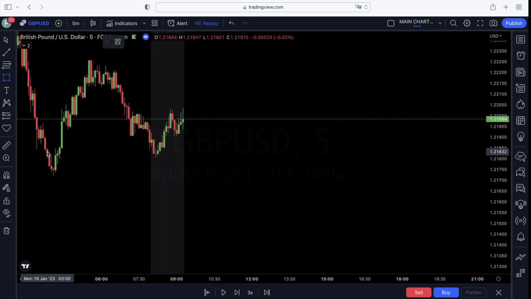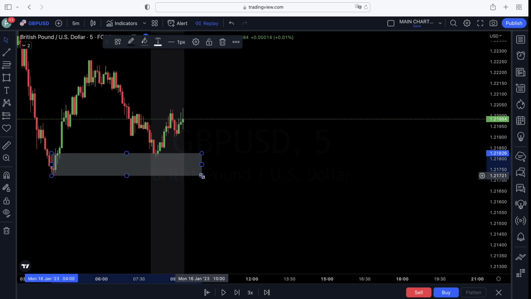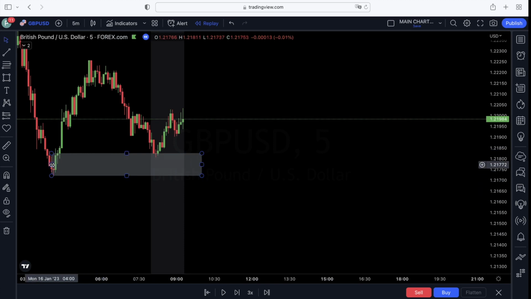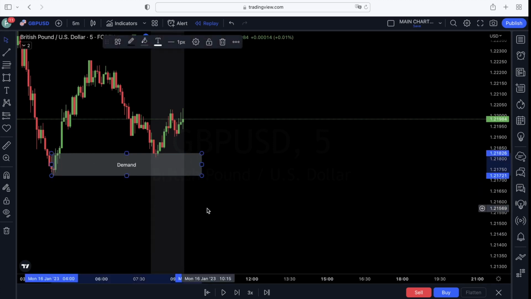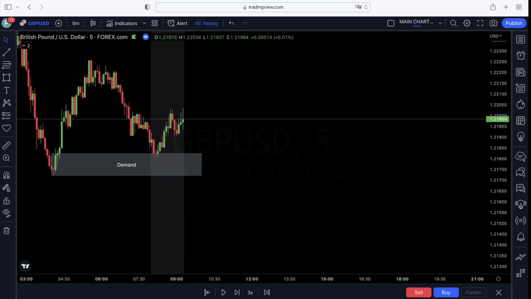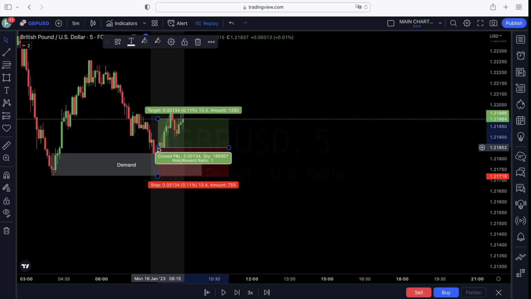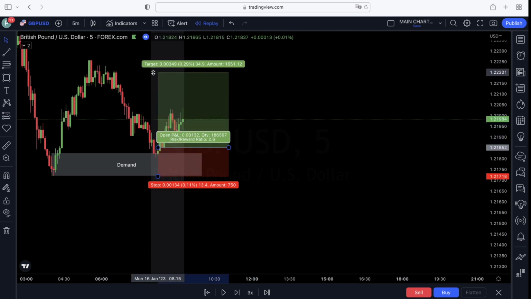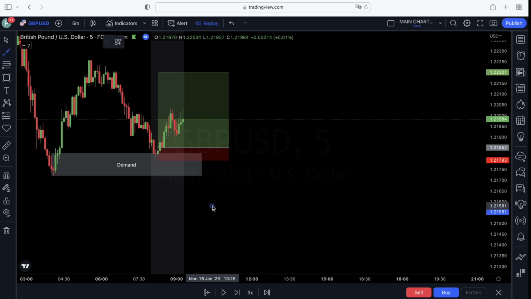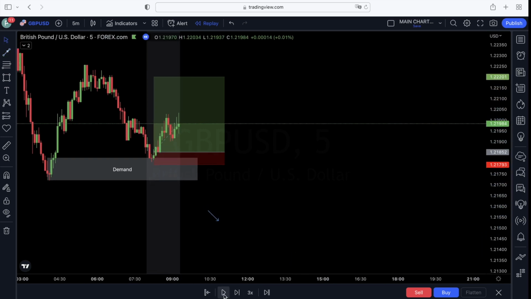If we want to use this demand, we could have. It's from London. I don't know if this trade works out or not, but we're gonna enter it. We're gonna aim for this last high. Stop loss right there. Aiming for this high right here. So let's see what happens.